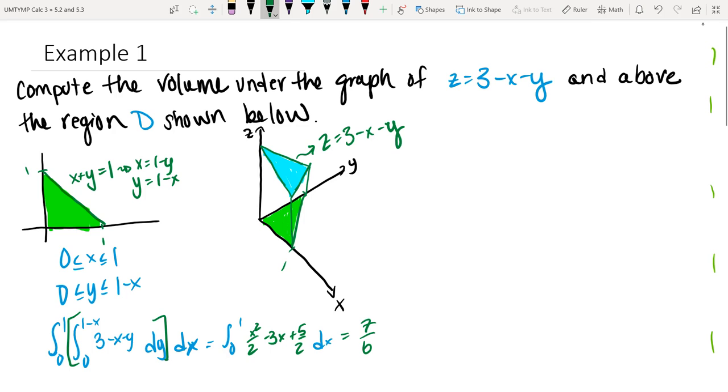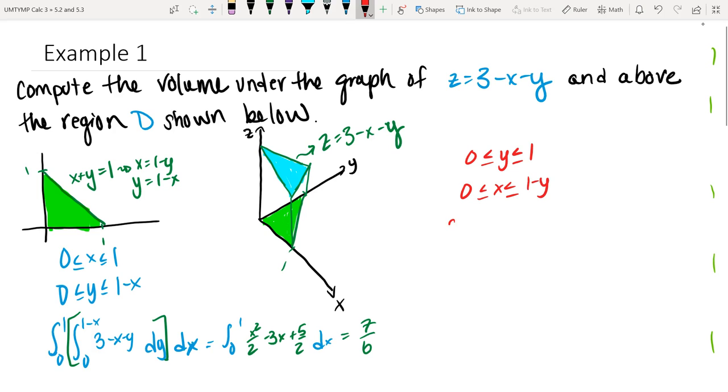You could have also seen it as a type 2 region, and for a type 2 region you would find those constants that bound y, and y is bounded between 0 and 1, but then x is bounded by continuous functions, 0 on the left, and on the right is 1 minus y.